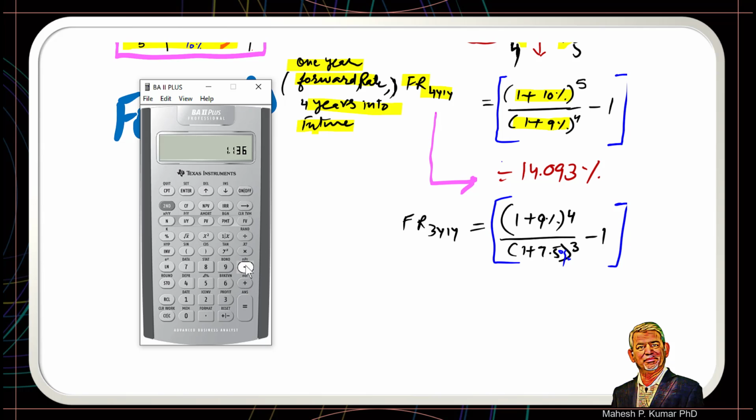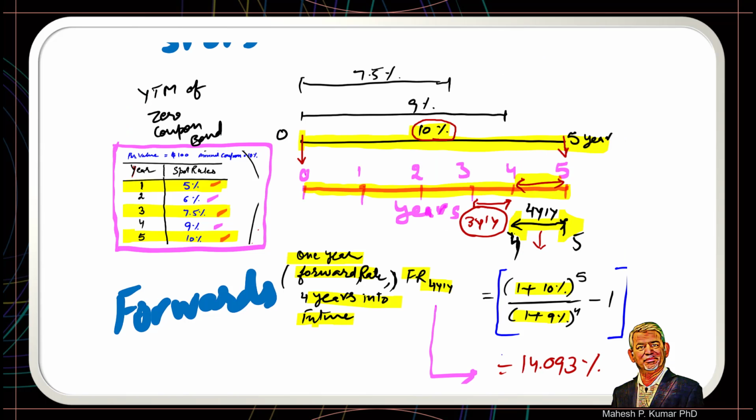This number we got, minus 1, and then we will times it by 100 to make it a percentage. So it is 13.627%.